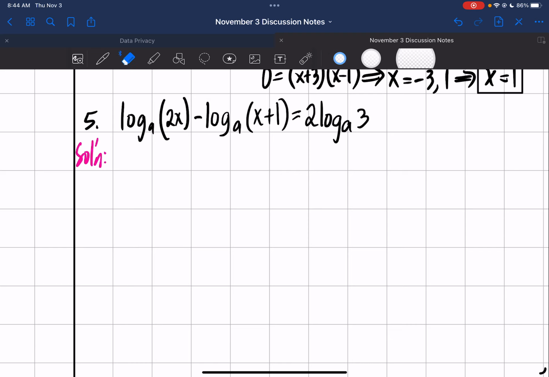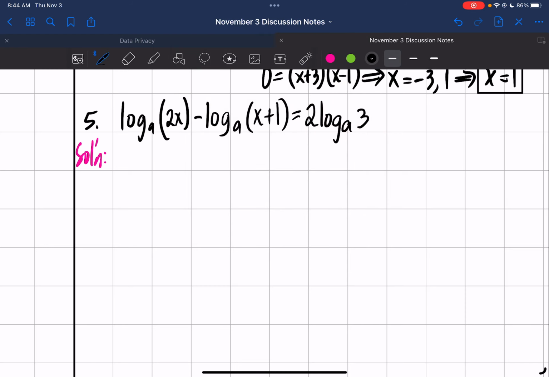So we have simplifications to do both on the left and on the right. On the left, what we have is a difference of two logarithms. Then on the right, what we have is a logarithm multiplied by some constant.